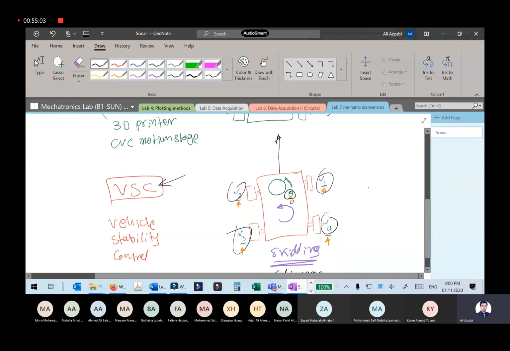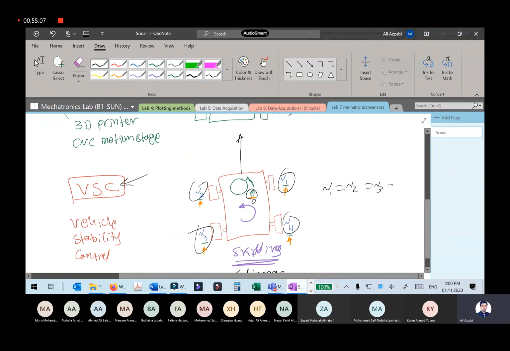In this case, V1 should be equal to V2, equal to V3, and equal to V4. But for some reason, for example V1 is greater than V2. What does it mean? It means that this speed here is greater than this speed.